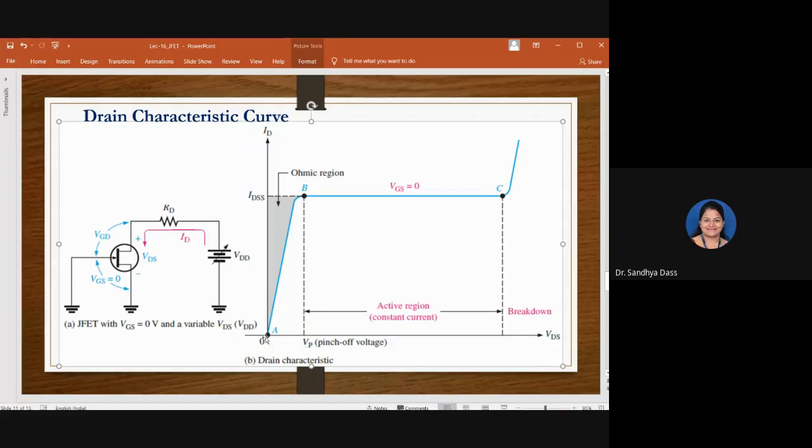As you go on increasing VDS, the current is also increasing. But this is an ohmic region, because the resistance is also varying, isn't it?